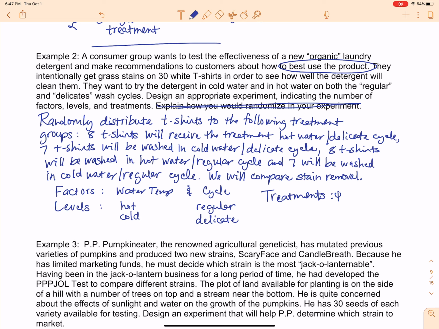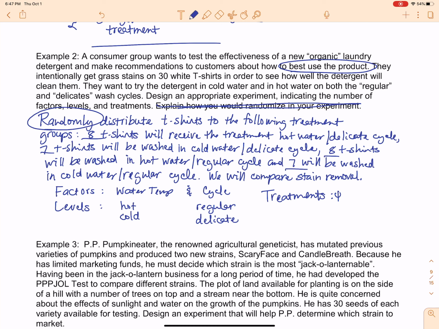Now, how you write this doesn't have to be exactly like this. But you have to get some important things in here. You have to talk about the fact that you're randomly distributing the t-shirts to the treatments. I'm randomly assigning my items to a treatment. And then you have to tell me how many you're putting in each one. I want you to notice that some groups have 8 and some groups have 7. That's okay.